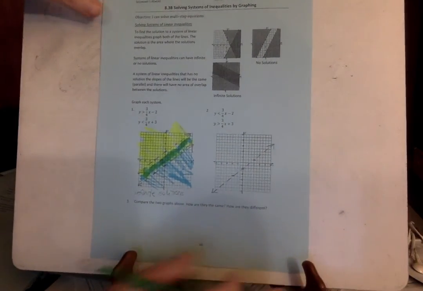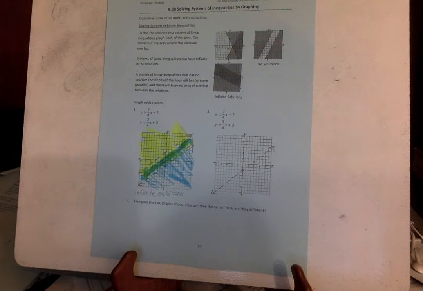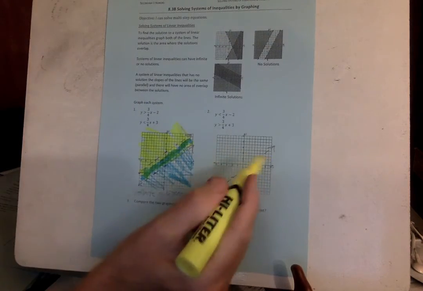And it's a dotted line. Arrows at the end. And it is less than this time. See how the yellow went up? This time the yellow's going down.